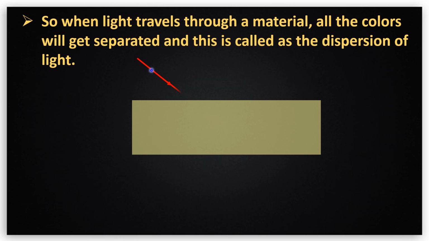This is the red light, it bends less because its refractive index is less, and here is the normal, and this is the refracted ray. And if violet light travels along the same path, it bends more because in this material the refractive index of violet light is more. That means it bends more. See here.